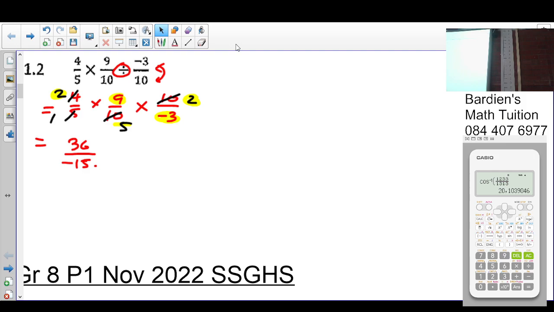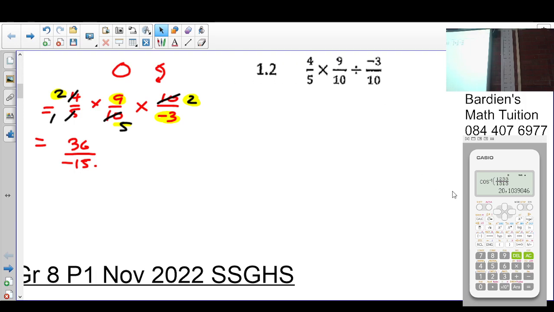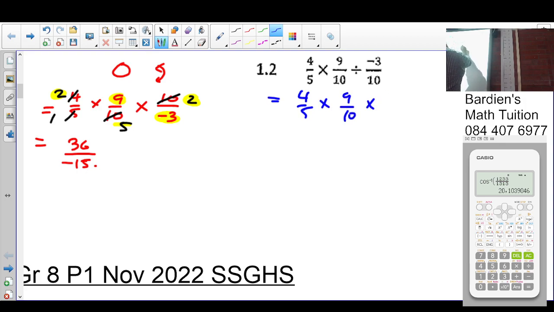Is that correct? Did I make a mistake? Where? The cross cancel was wrong. Okay, so let's go again. So it's going to be 4 over 5 multiplied by 9 over 10 multiplied by 10 over negative 3, which is correct. 5 goes into 5 once, 5 goes into 10 twice. 2 goes into 4 twice, 2 goes into 10 5 times.